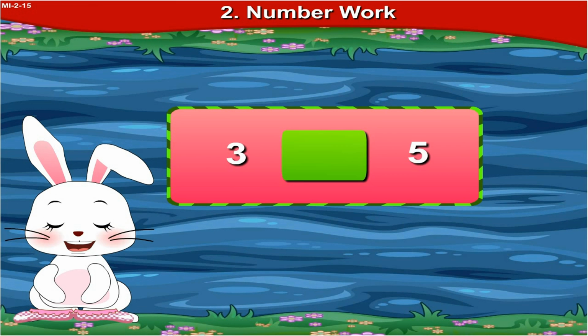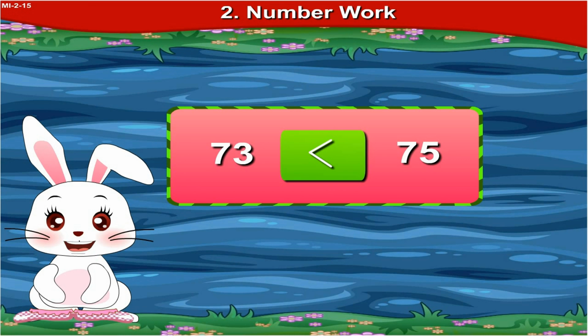3, box, 5. Now 3 is smaller than 5. So we'll put a symbol of lesser facing 3, which will show that 3 is lesser than 5. 73, box, 75. 73 is smaller than 75.